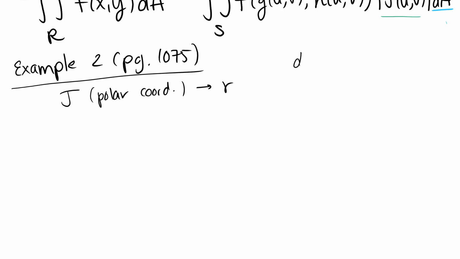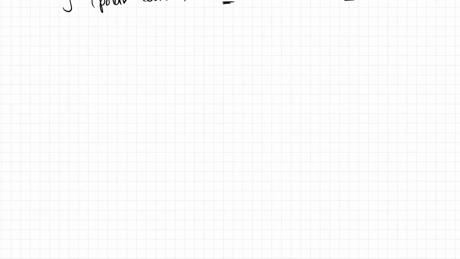And remember, dA completely in polar coordinates is r dr d theta. So it's pretty cool that the Jacobian for that transformation is r, which is what we should expect, because this is just a change of variables in multiple integrals.